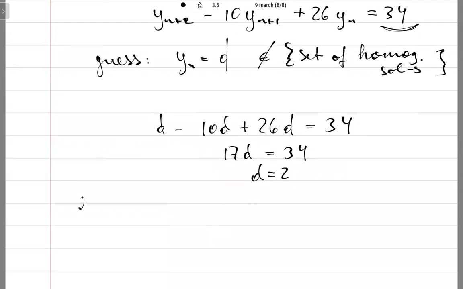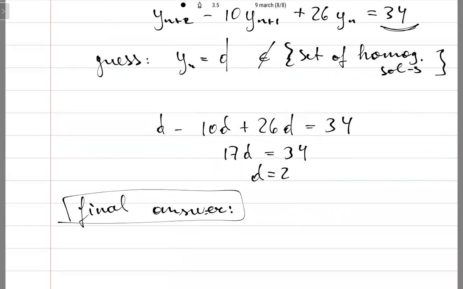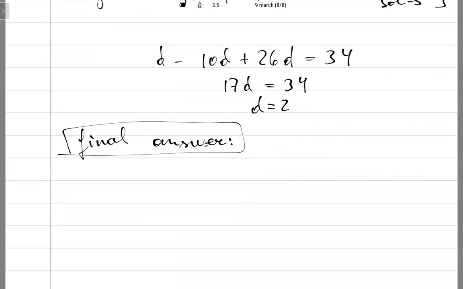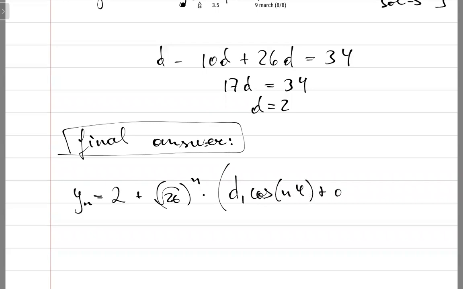And basically, for the final answer, I will write it in the form accepted on the external exam. So my final answer will be 2 plus square root of 26 to the power n times d1 sine of n phi plus d2 sine of n phi.